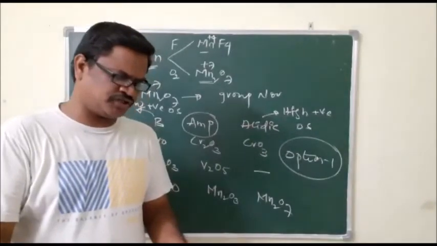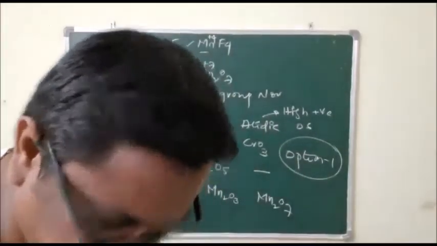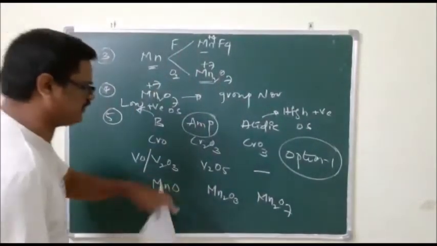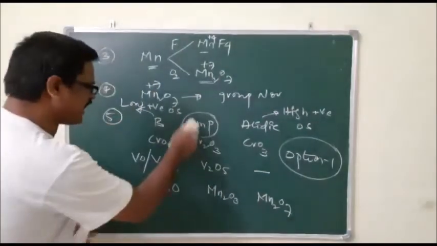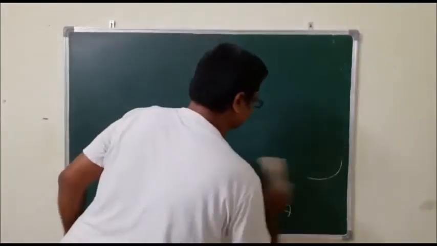Coming to question number 6, V2O5: what's the specialty of V2O5? V2O5 is amphoteric, but it is mainly acidic in nature. What's the meaning of amphoteric?